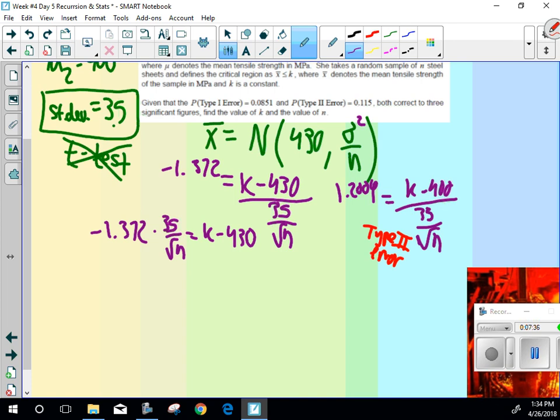Over here, you're going to get 1.200 times 35 over the square root of n, and that's going to be equal to k minus 400. Now what you want to do is solve for either k or 35 over the square root of n. Which one do you want to do? What do you want to eliminate?